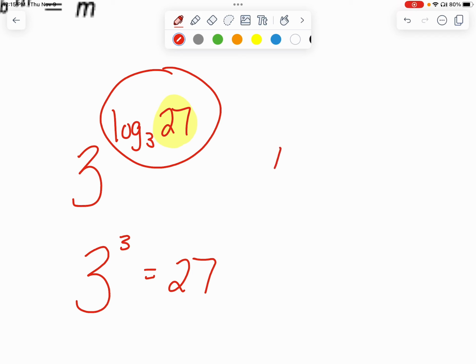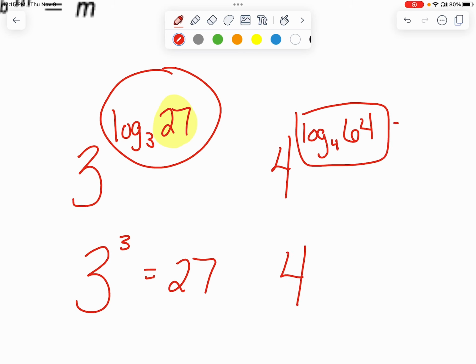Watch this. What if we do 4 to the power of log, this has to be a 4, and let's do 64. Well, I know that that's really 4. This answer in and of itself is a 3. And look what that answer equals. It equals 64.